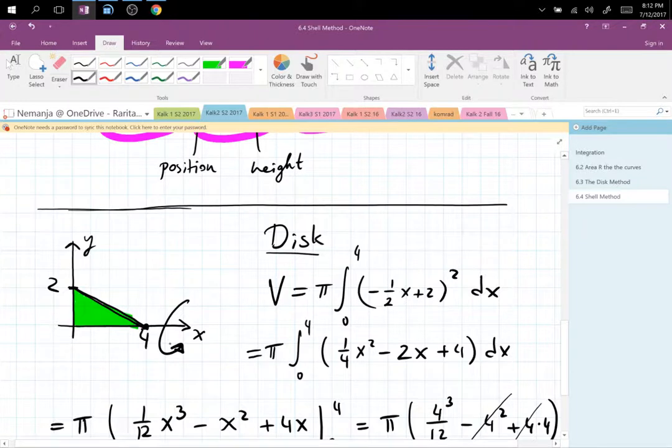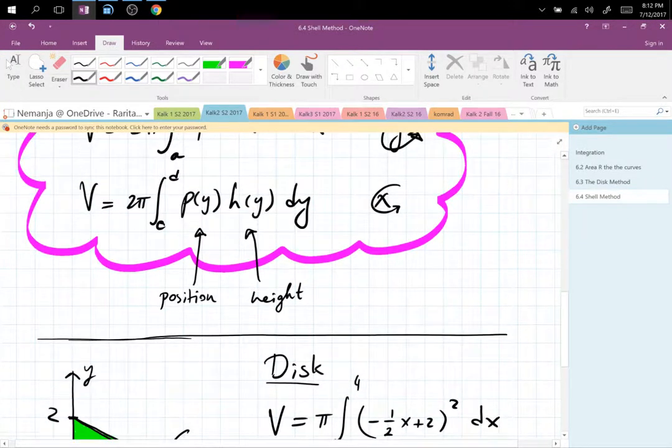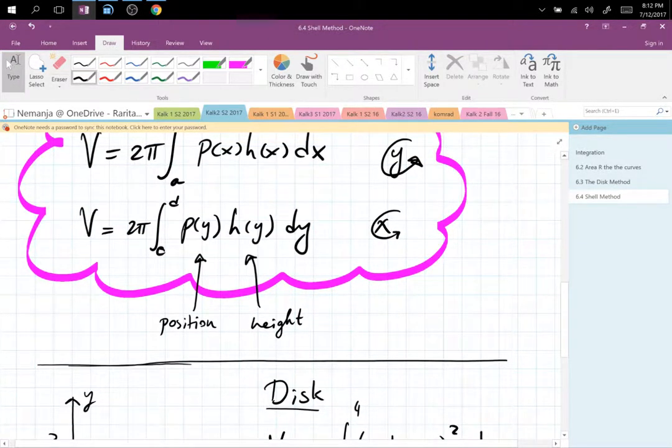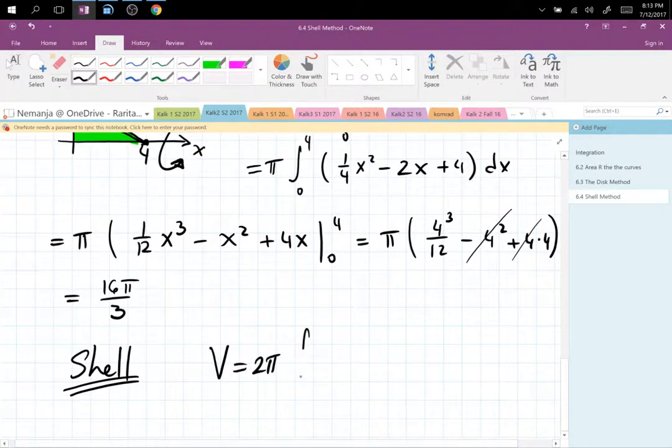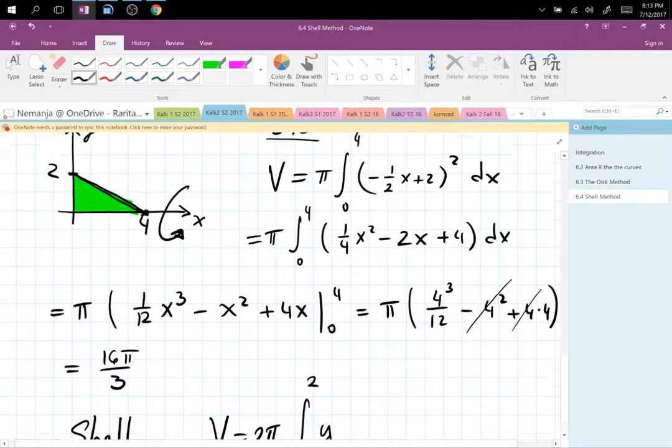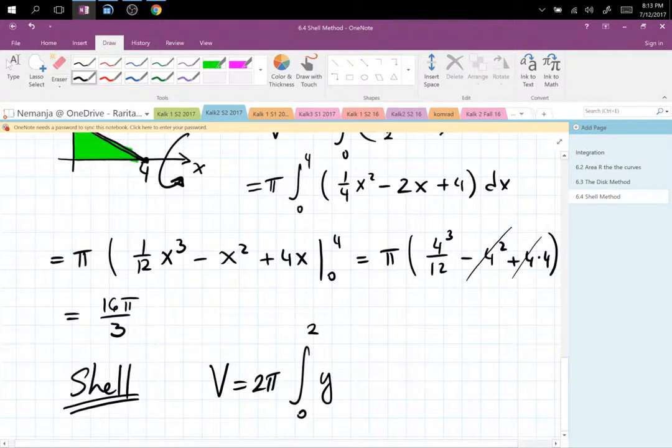We have rotation on x. Rotation on x calls for a y integral, right? So my limits are 0 to 2. Awesome. Y, and then I am using dy, right?